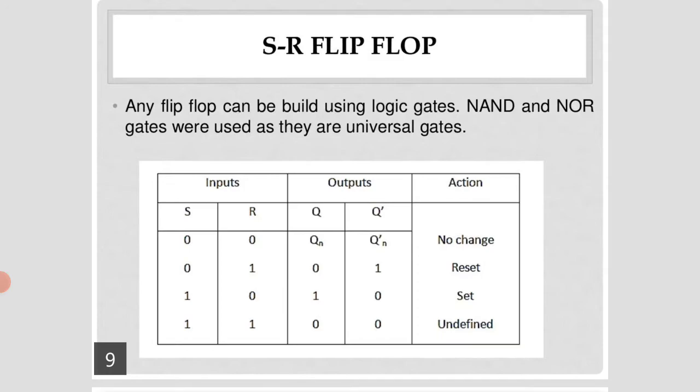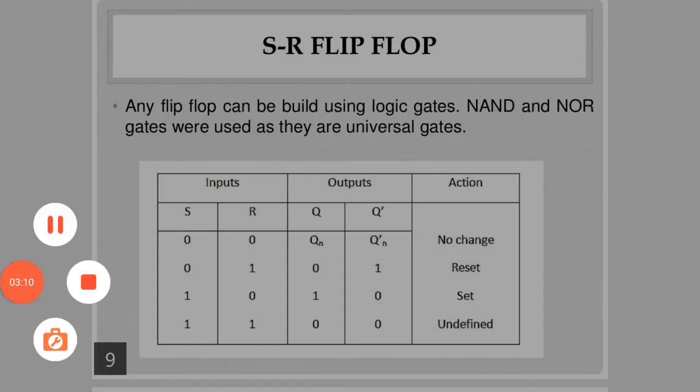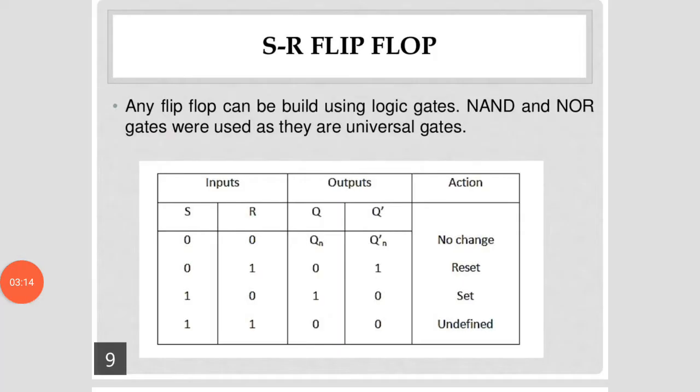The SR flip-flop can be built by using logic gates. Which logic gates do we use in the SR flip-flop? There are two: first is NAND, second is NOR. NAND gates are universal gates.